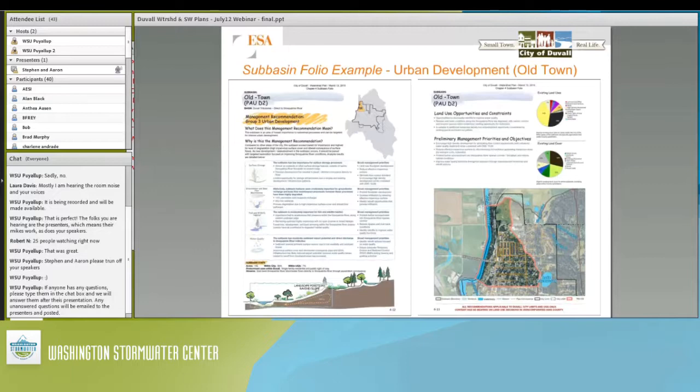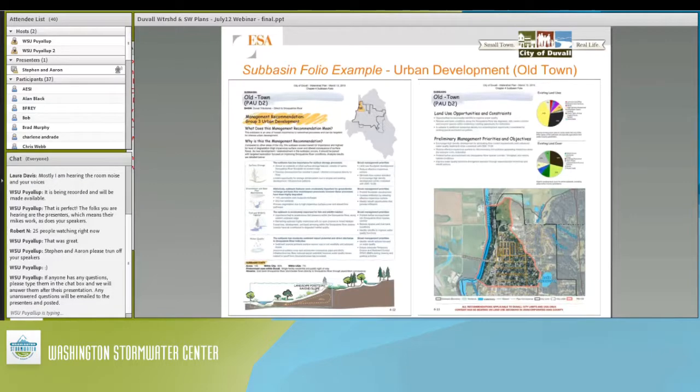have on the river. So the management priorities for this one included conducting retrofit actions focused on stormwater and improving water quality. Also thinking about incentivizing future development in this area, because it did receive that urban development management group.